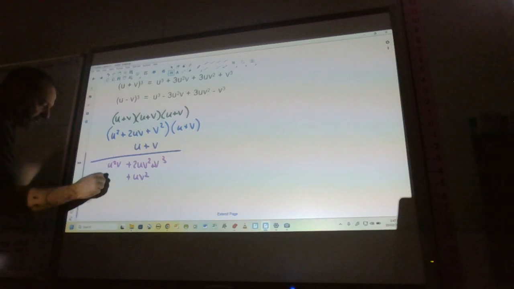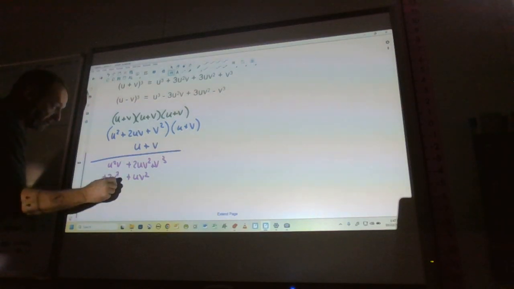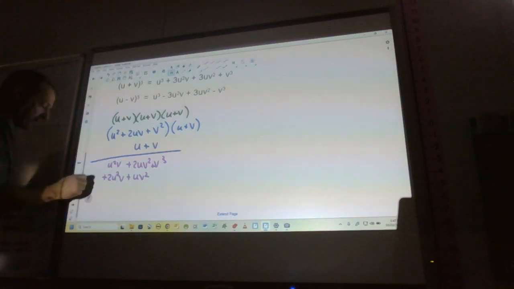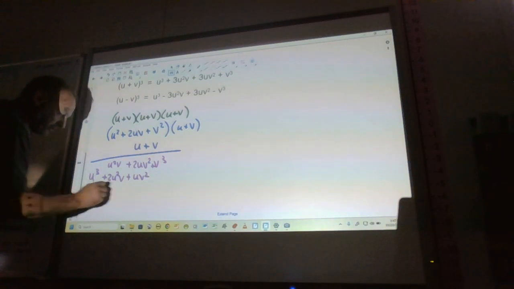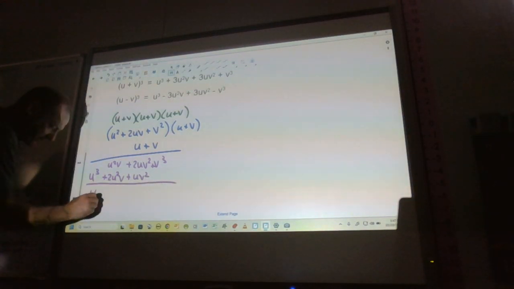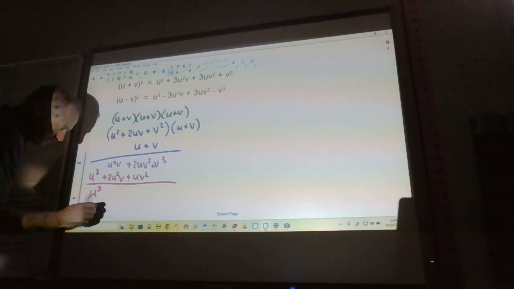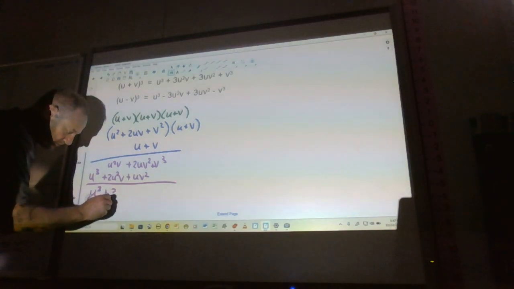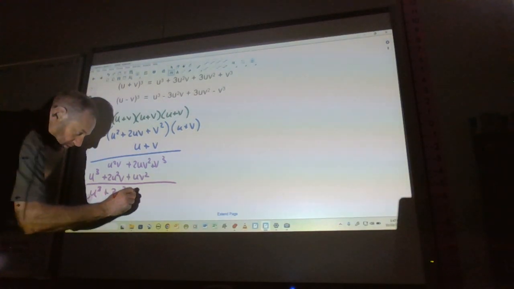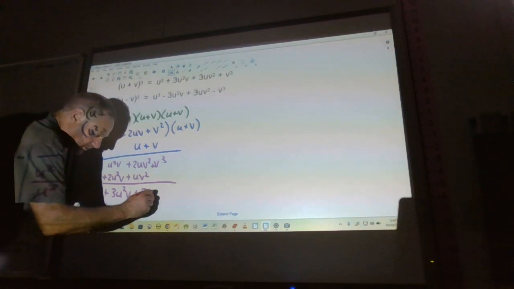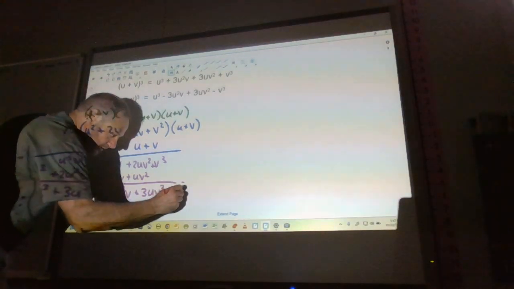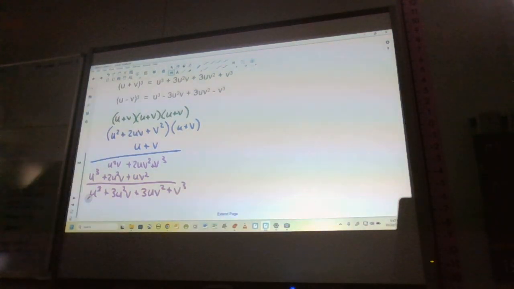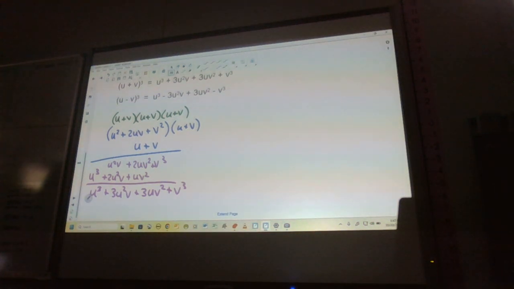U times this would be plus 2u squared v, and then u times u squared would be u cubed, and you add that all together. And you end up with that. So if you want, you can go ahead and do this other one, but it works out pretty much the same way.